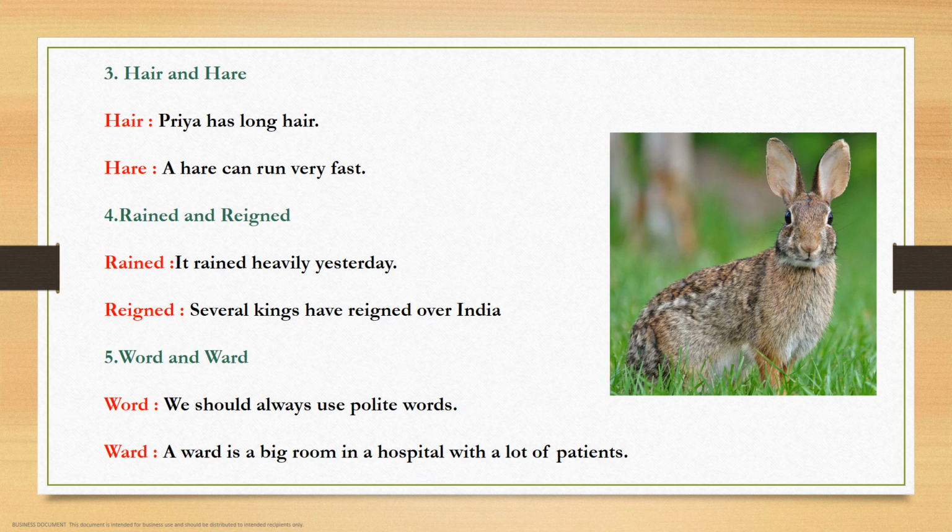Moving on to next set of words, word and ward. Slightly different but still very similar in pronunciation. Word and ward. Word, you all know it's a very easy word itself. Example would be, we should always use polite words.